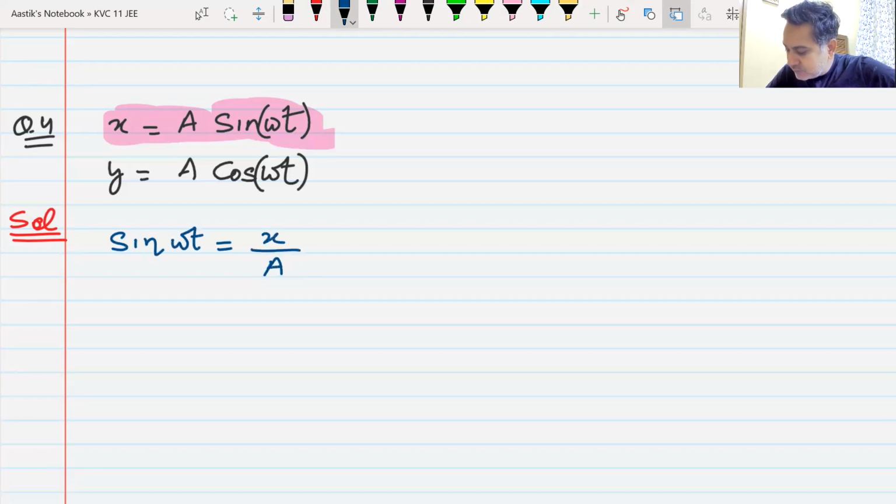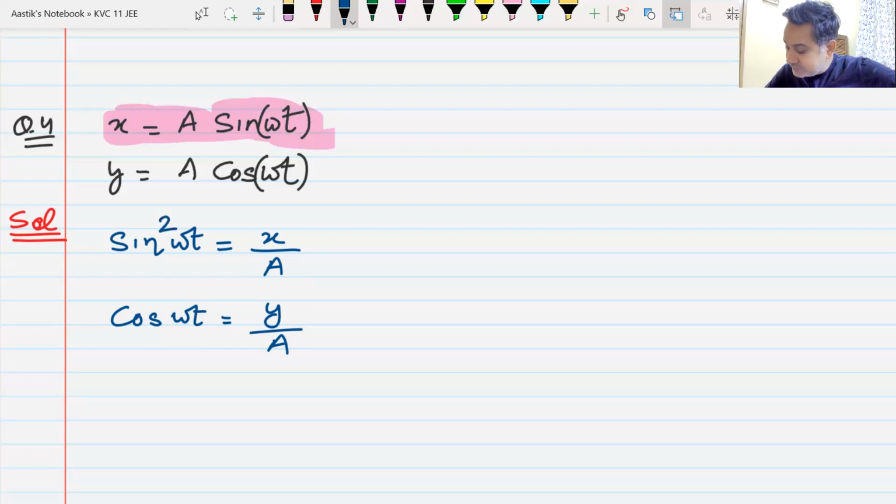Yes or no? From equation number 2, I can find out cos of omega t is y by a. The problem is if I divide the two equations, I do not eliminate t. So this is of no use. So what do I do? How do I eliminate this?